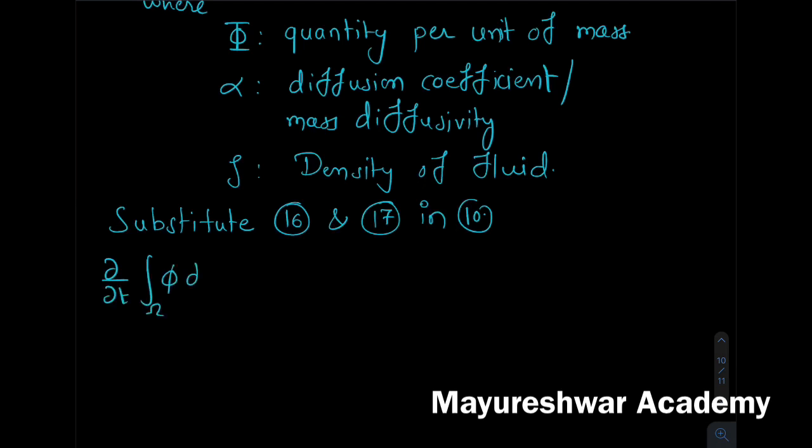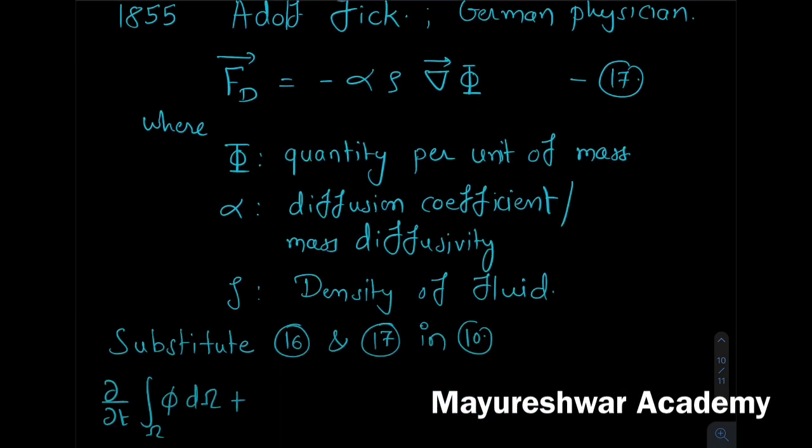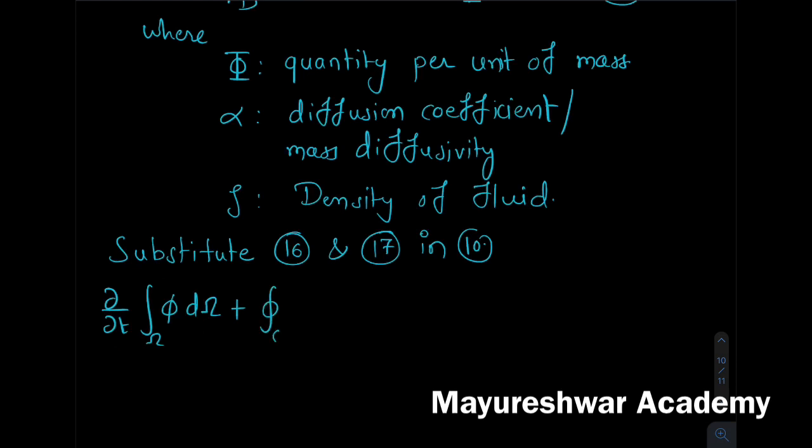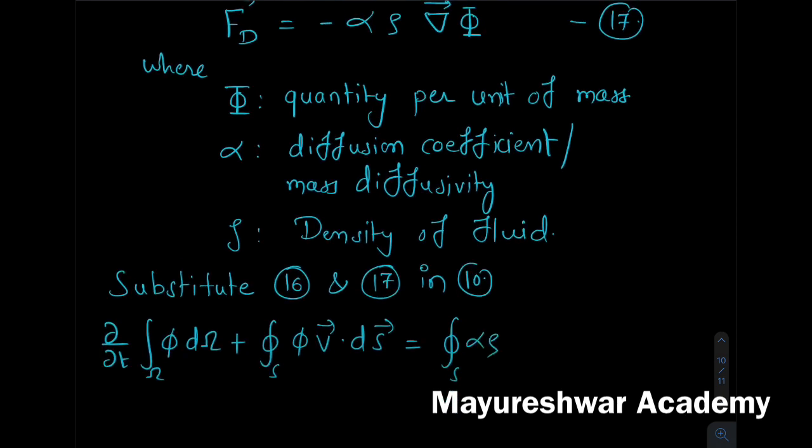So the formulation is partial over partial t of omega integral phi d omega plus, now we need to substitute the convective flux. So surface integral of convective flux, which is phi v bar dot ds bar, is equal to surface integral of diffusive flux.